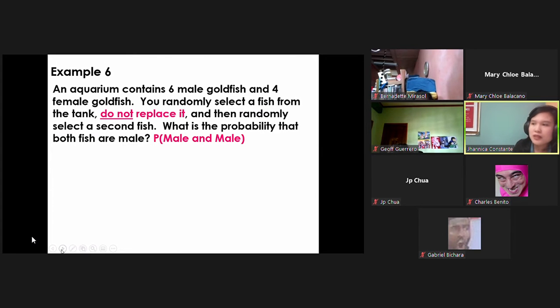You randomly select a fish from the tank, do not replace it, and then randomly select a second fish. What is the probability that both fish are male? So what is the probability daw that you will get both male from your aquarium? So finding the probability of a male and a male.